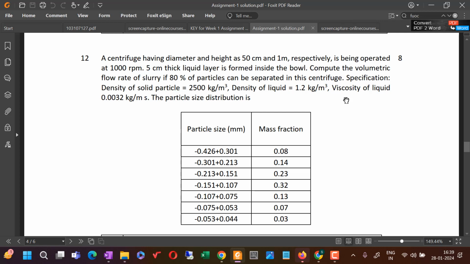A 5 centimeter thick liquid layer is formed inside the bowl. Compute the volumetric flow rate of the slurry if 80% of the particles can be separated in this centrifuge.